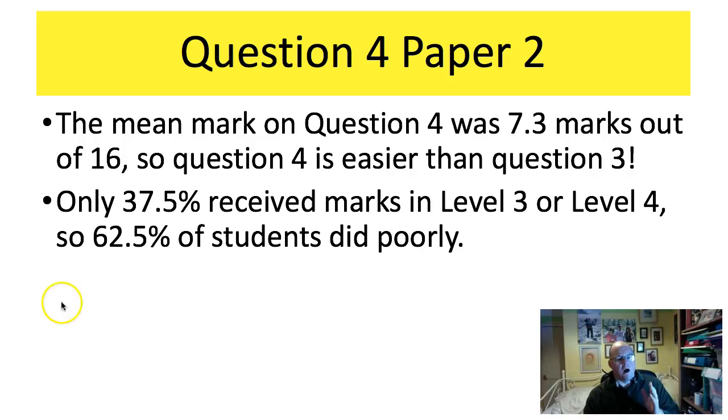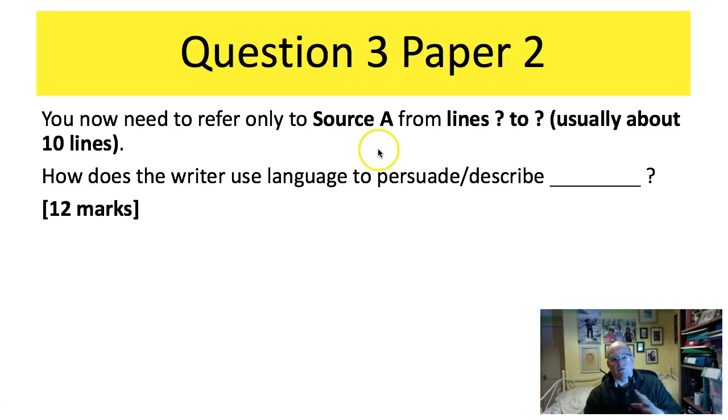Well, why? Okay, well, to answer that, let's go back to question 3. Question 3 asked you to write exclusively about source A, so you got to know source A in loads of detail before you answered it in question 4. So you've already kind of thought about half of question 4 before you got there.